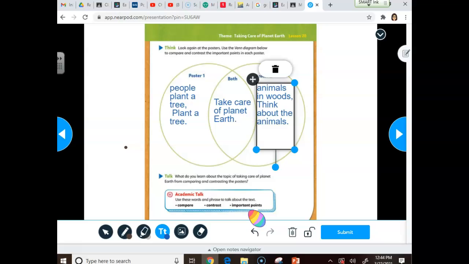All right, tomorrow we are going to start reading to compare and contrast. Tomorrow we're going to read two magazine articles about animals, and we will compare and contrast them. Okay, today you will go in and reread about the posters about the earth and fill in your chart.